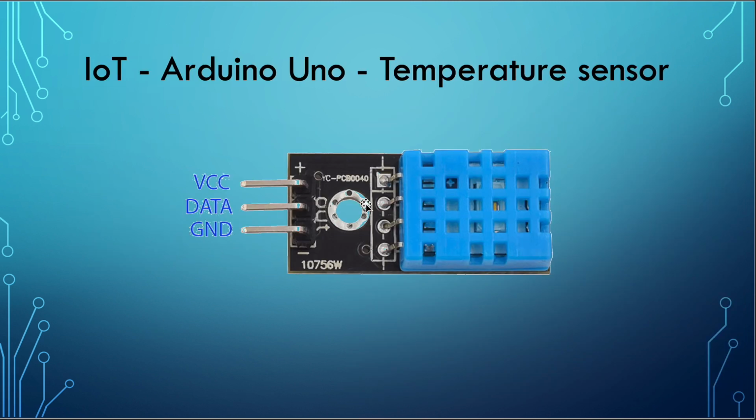On the other side of the circuit board, it would generally be marked as VCC, data or output. So you can see OUT is written here, and the ground. So you have to look at the diagrams.